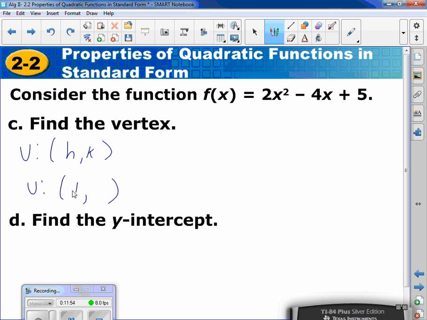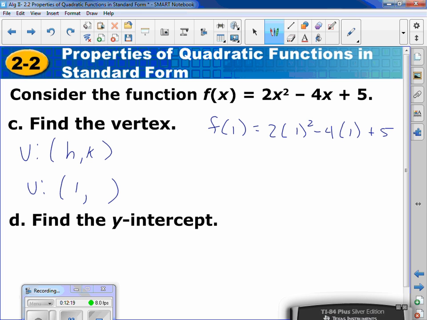Remember, it's x comma y. I take this and put it into my function. F of 1. 2 times 1 squared minus 4 times 1 plus 5. All I've done is taken that h, substitute it into the function, and now I'm going to solve.